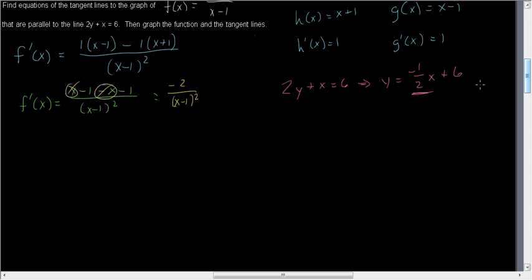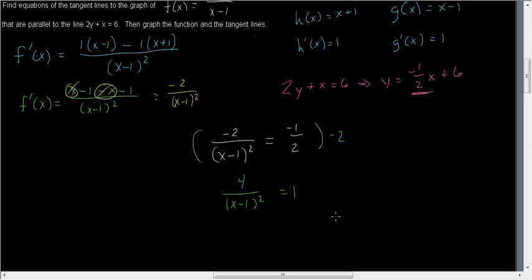And so that means that -2 over the quantity x minus 1 squared must equal -1/2. If you multiply both sides by -2, you cancel the fraction on the right. So you'll have 4 over the quantity x minus 1 squared equals 1.